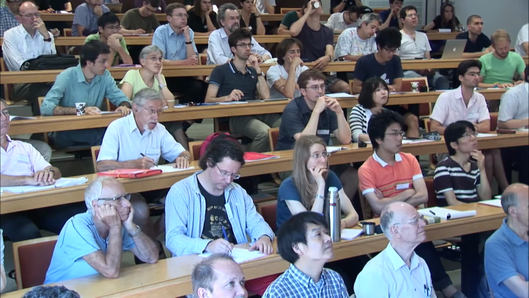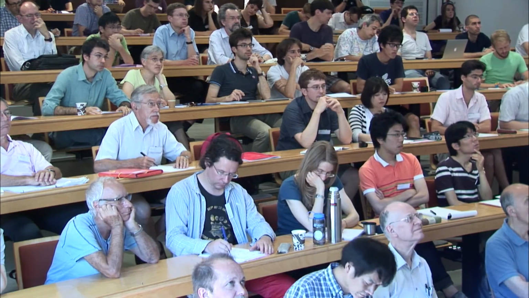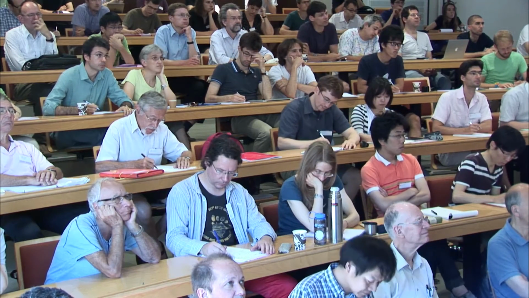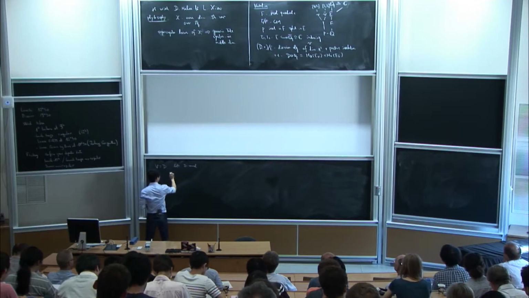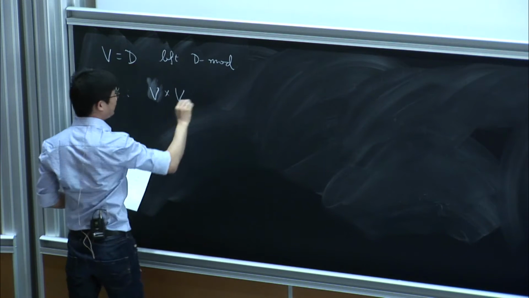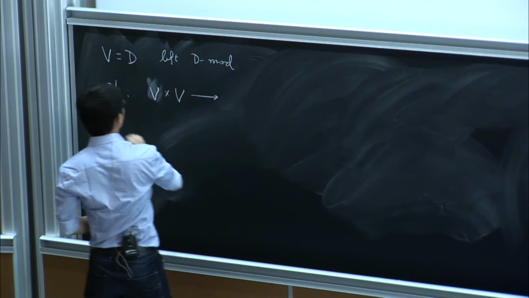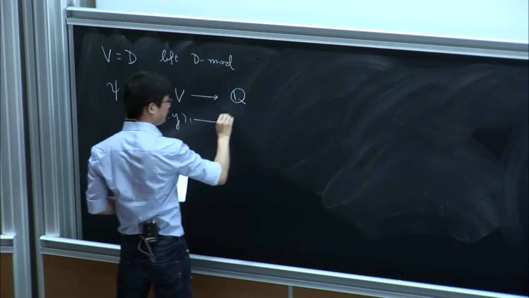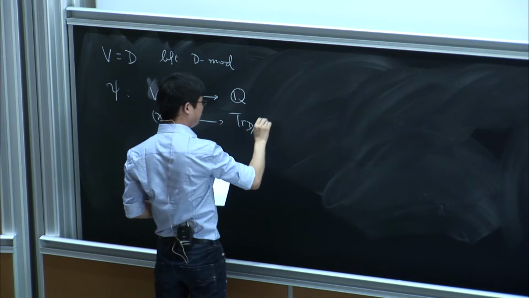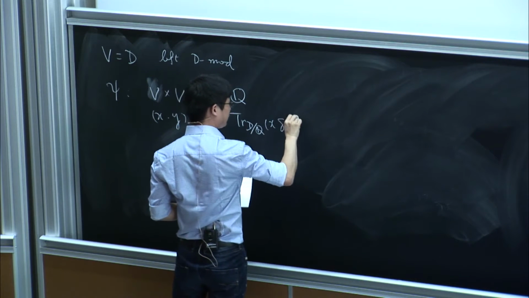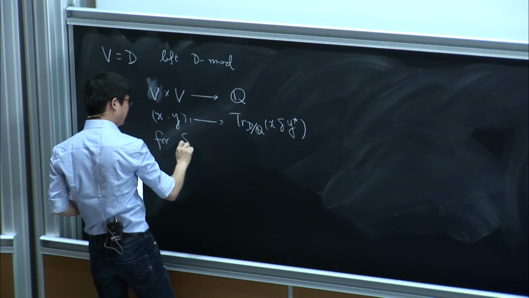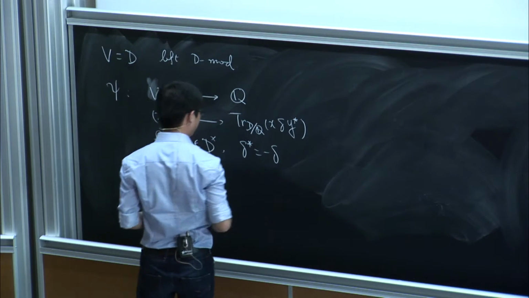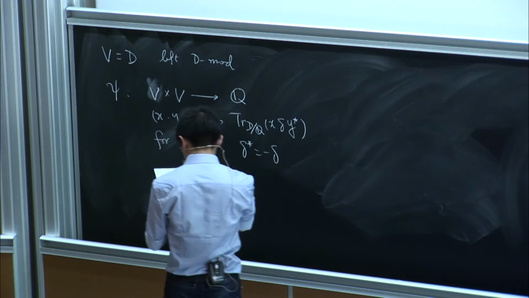Okay, so now I take V to be D, viewed as a left D-module, and consider a perfect alternating symplectic pairing on V, defined by the trace of D over Q of x delta y star for some delta in D cross with star of delta equals minus delta.